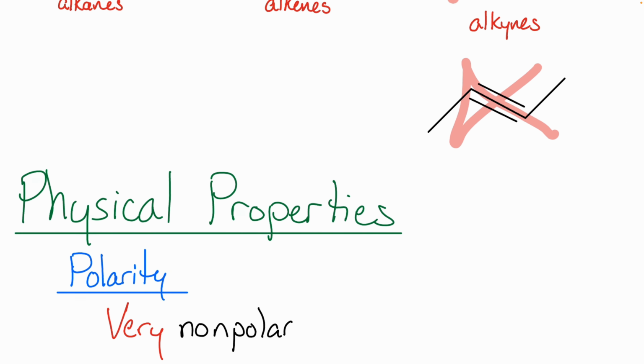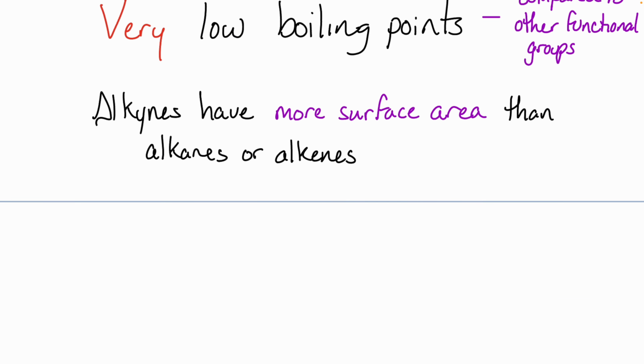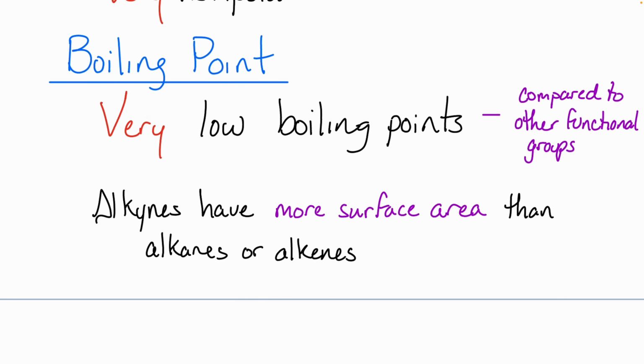It turns out that because of that linear geometry, these molecules are able to pack together much more efficiently. So if we have more surface area, what does that mean about our boiling point of alkynes versus alkanes or alkenes? It would be higher, all right? So out of these 3 hydrocarbons, with more surface area, our alkynes have higher boiling points than the other two.